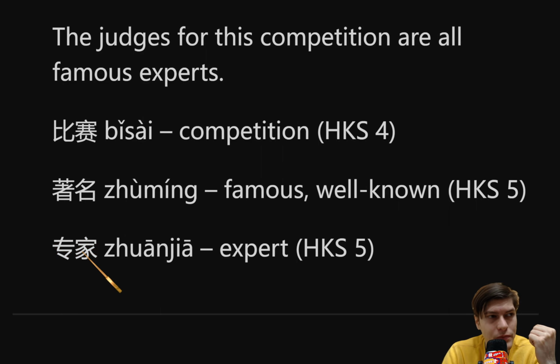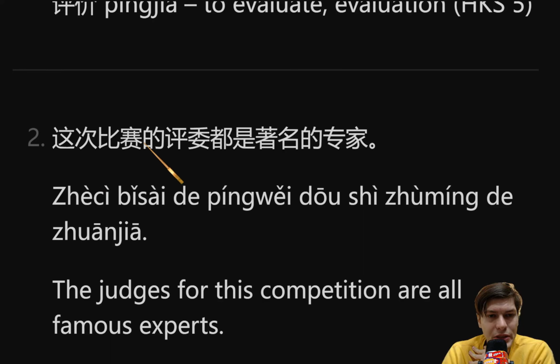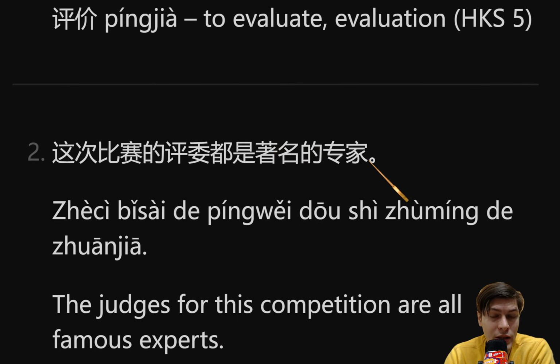专 is special, 家 is someone who is a master at something. Actually, this 家 has a lot of meanings. 这次比赛的评委都是著名的专家. 这次比赛 means this tournament or this competition; you can also say 这个 or this measure word. 这次比赛的评委, the jury of this tournament, 都是 all are 著名的专家, famous experts.